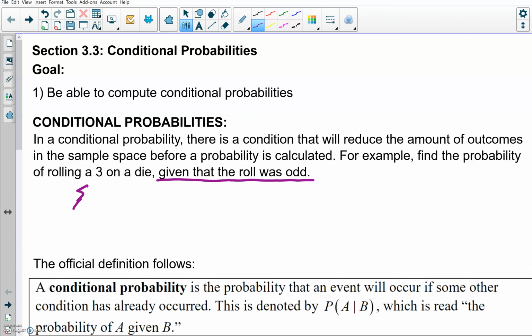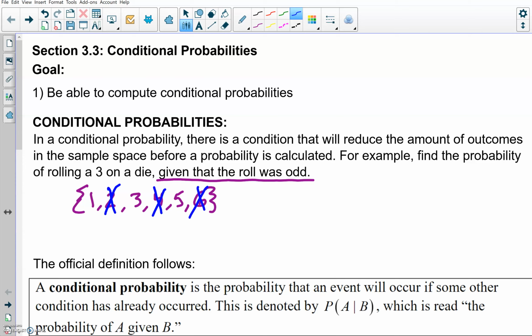And if we do that, just looking at the sample space, immediately, instead of having 6 numbers total for our total outcomes that would go in the denominator of our probability, knowing that it's odd, this number gets kicked out, this number gets kicked out, and this number gets kicked out. All the evens go away.